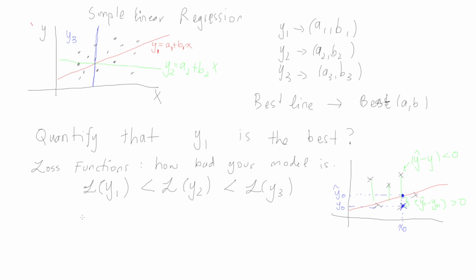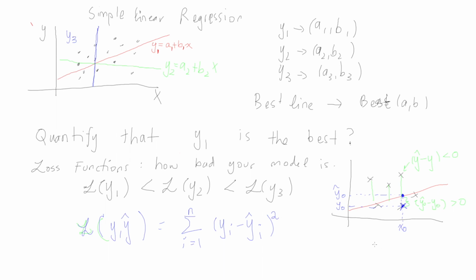So here's my loss function. The loss function between my y and my y hat is the sum, from i equals 1 to n, over the n data points, of (yi minus y hat i) squared. I square it because I don't want positive and negative residuals, errors, to cancel.